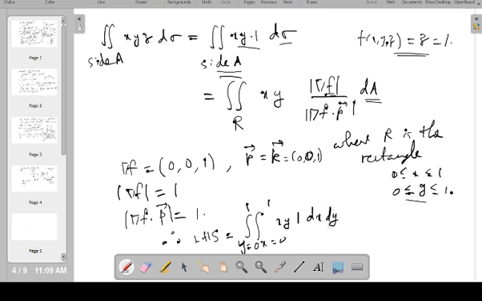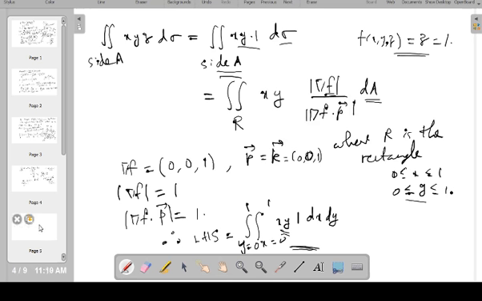Understand? So this right side is the double integral, and the double integral is now written as iterated integrals. That is what Fubini's theorem says. So now you have to integrate this. You integrate first with respect to x, keeping y fixed.